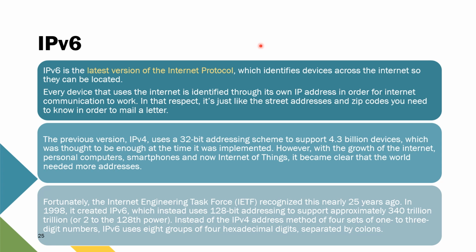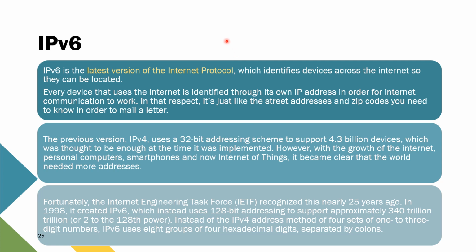So we don't want, let's say, to send certain information to the wrong address, right? So that's why it is very important to have a correct IP number, so that the information to each computer or each device can be delivered correctly.